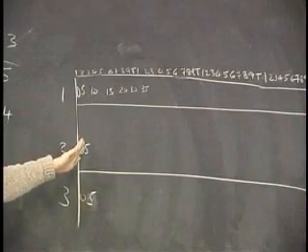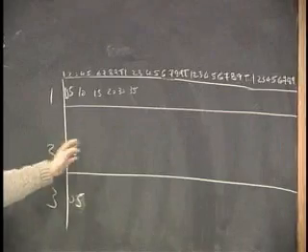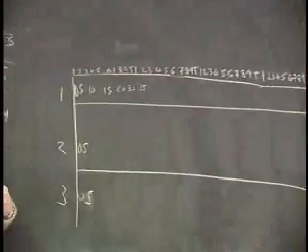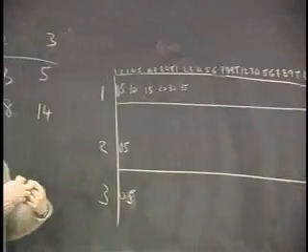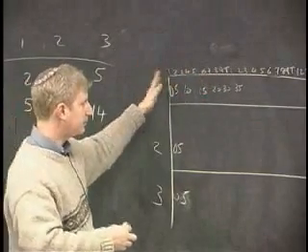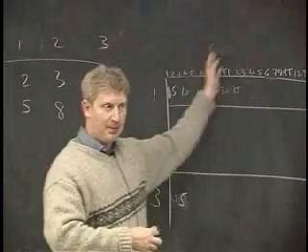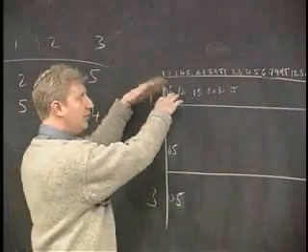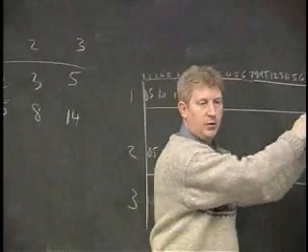And what else does it depend on? It depends on something in the same row, but further to the left, because you're taking away part of the knapsack. So as long as you go top down, left to right, you will fill in all the ones that are above and to the left before you get to the ones that depend on them.